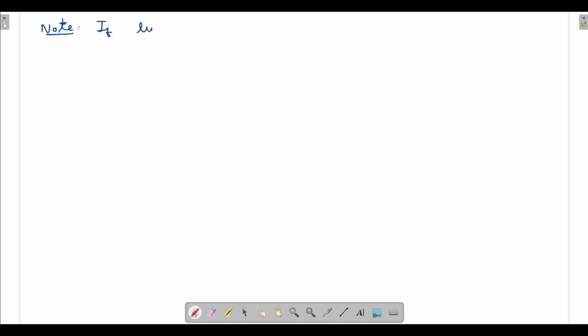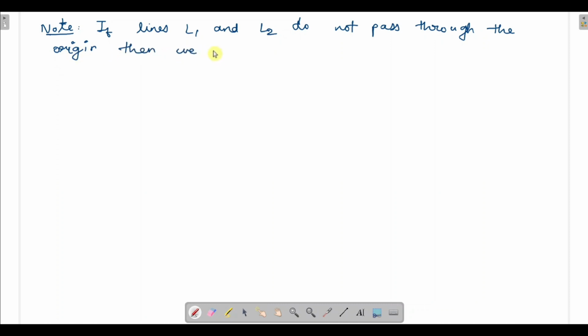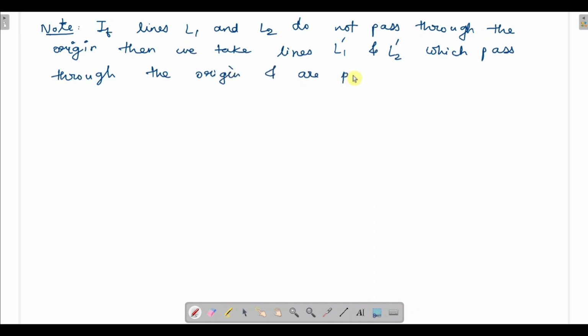So if lines L1 and L2 do not pass through the origin, then we take lines L1 prime and L2 prime which pass through the origin and are parallel to L1 and L2 respectively. Okay, so that is the note.